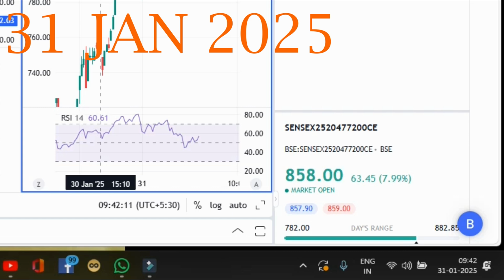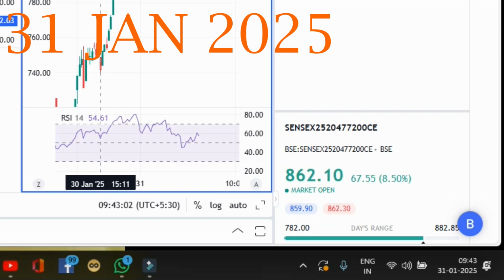855, 862. So the first trade, around 5 to 6 minutes, we have taken the target, and the second trade we are waiting. 870, it has gone and came down.